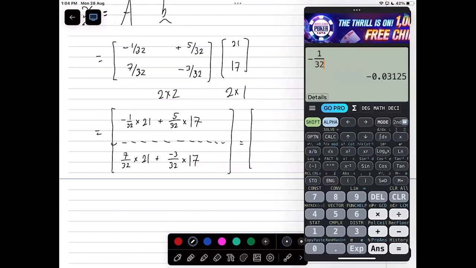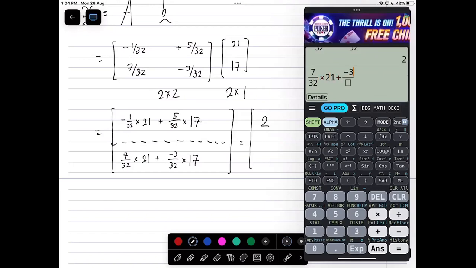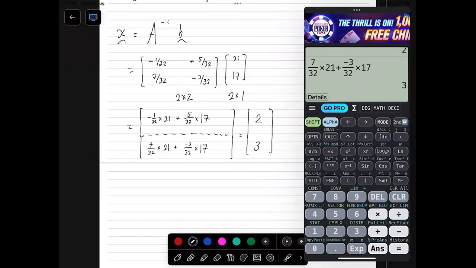The first one, I get a 2. Interesting. Next one, I get a 3. Wow. X equals 2, y equals 3.